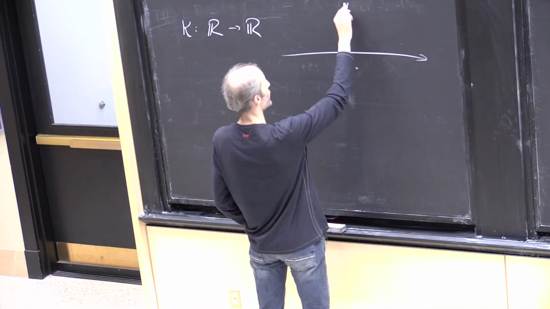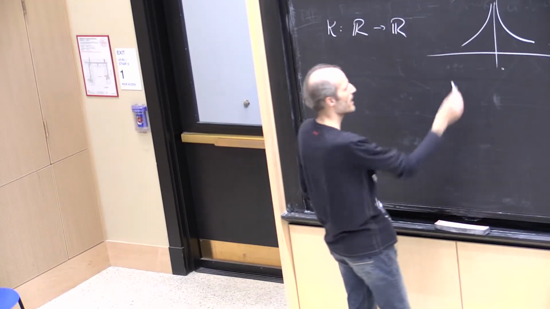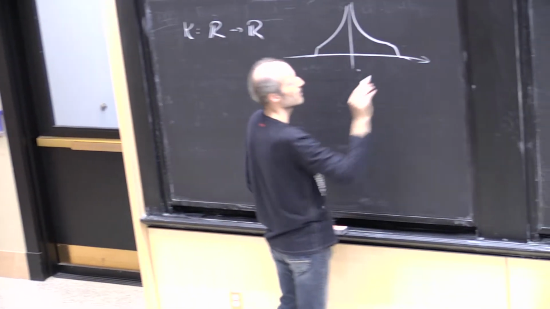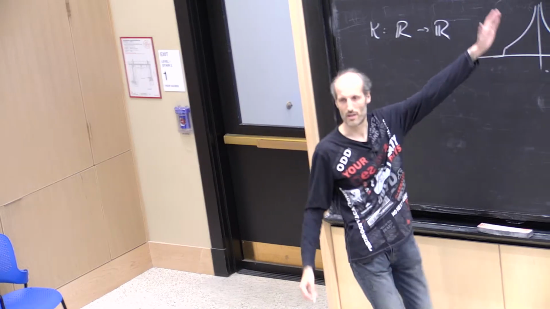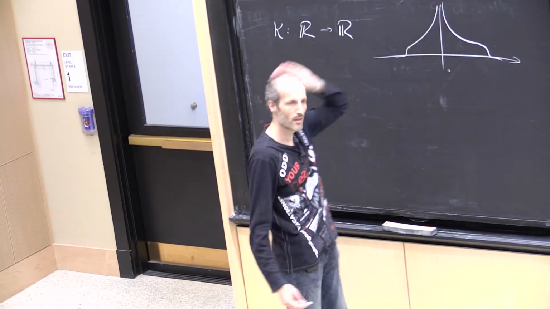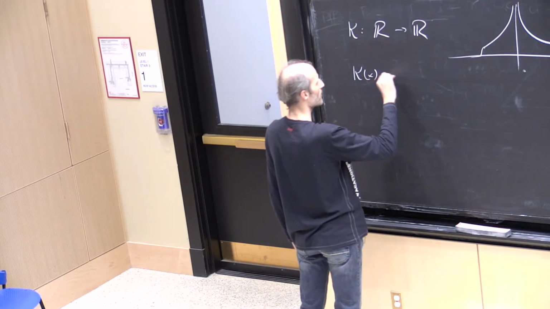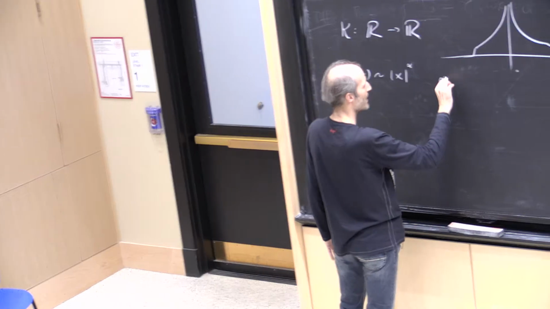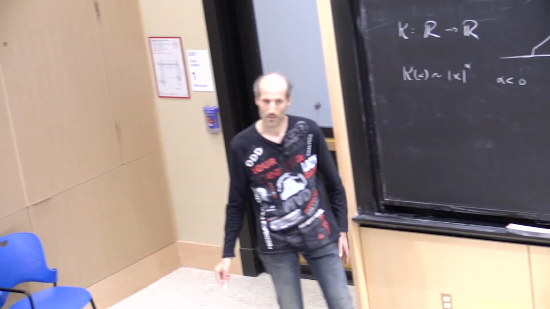Here at the origin, you have a singularity, and then it's compactly supported, so say it's 0 after a while. It's smooth everywhere except at the origin. And k of x looks like x to the alpha for some negative alpha near the origin. Okay?